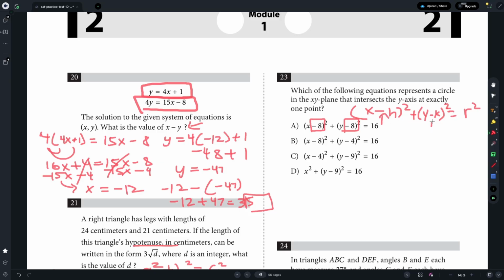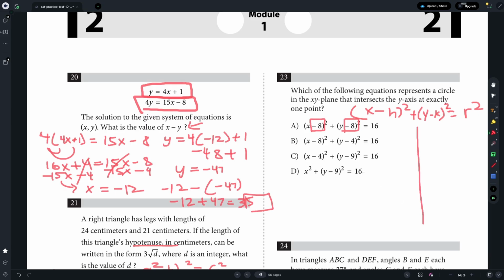Because there's a subtraction sign here, and h and k are the center, it will actually be the opposite sign of what it gives you. So because it's negative 8 and negative 8, the center of this equation is positive 8, positive 8.